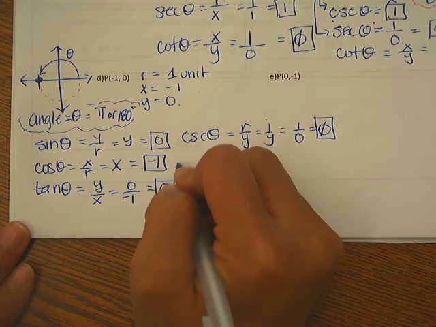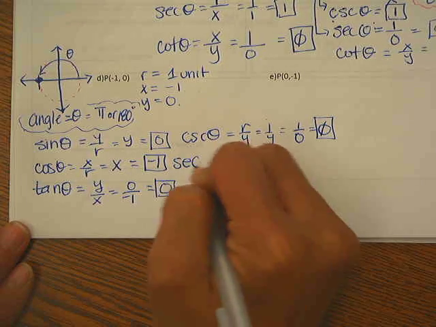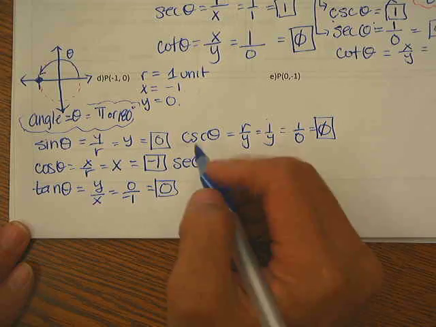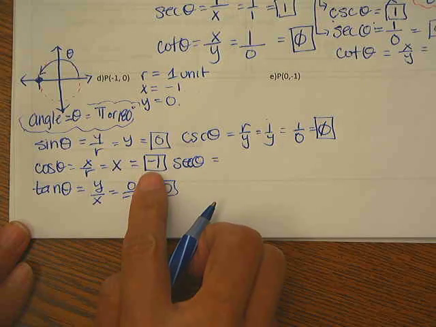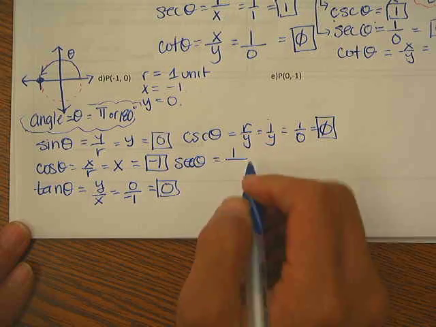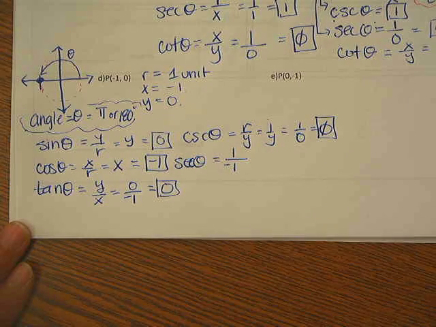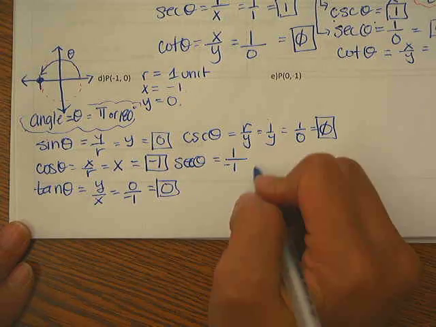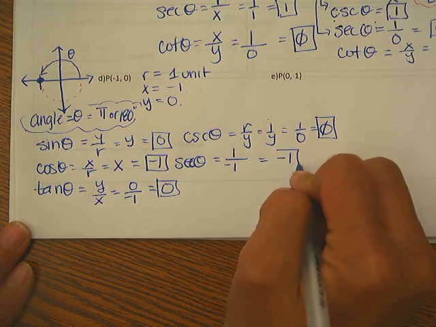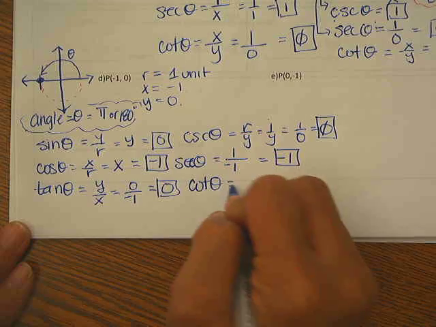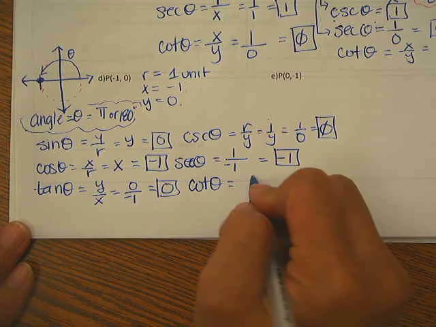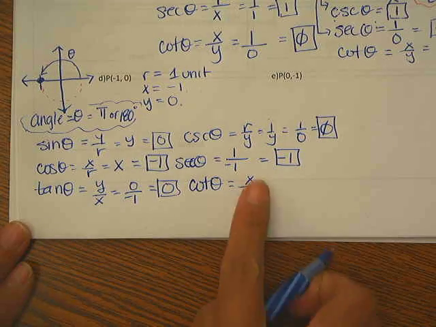Then the reciprocal function of cosine of theta is secant of theta. Oops, I want to put a c in there. So secant of theta equals, if you were to flip it, positive 1 over -1, which is really just -1. Then I'm going to work with cotangent of theta, which is x divided by y.